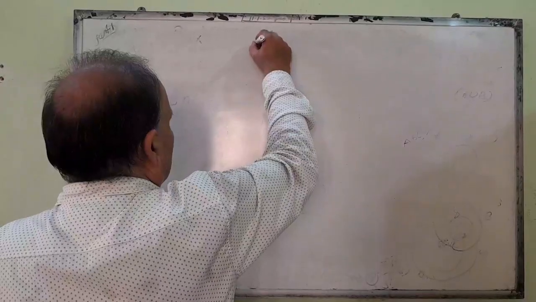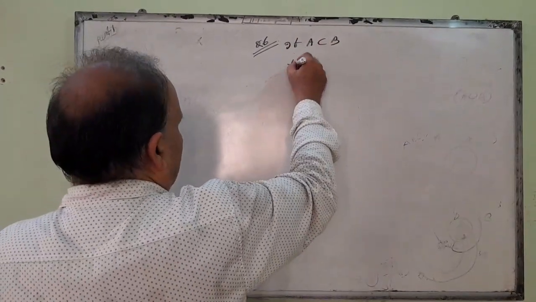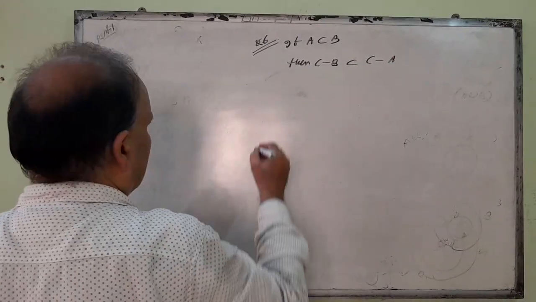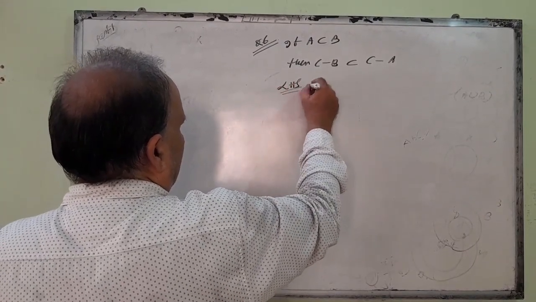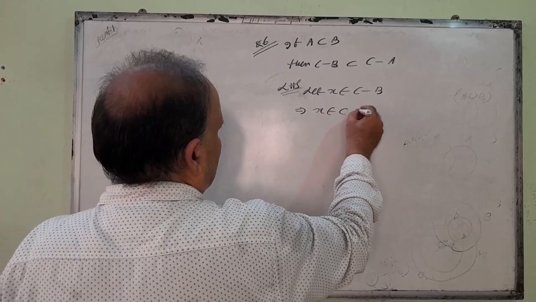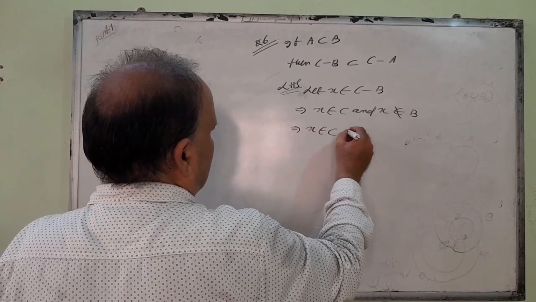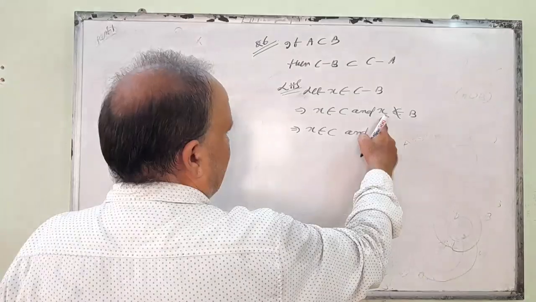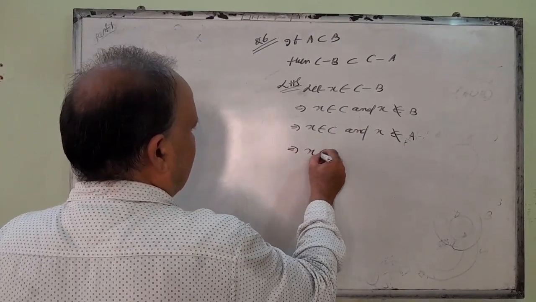Next come to your question number 6. If A is a subset of B, then C minus B is a subset of C minus A. Let x belong to C minus B. This implies that x belongs to C and x does not belong to B. Since A is a subset of B and x does not belong to B, we can write x does not belong to A. This implies that x belongs to what?